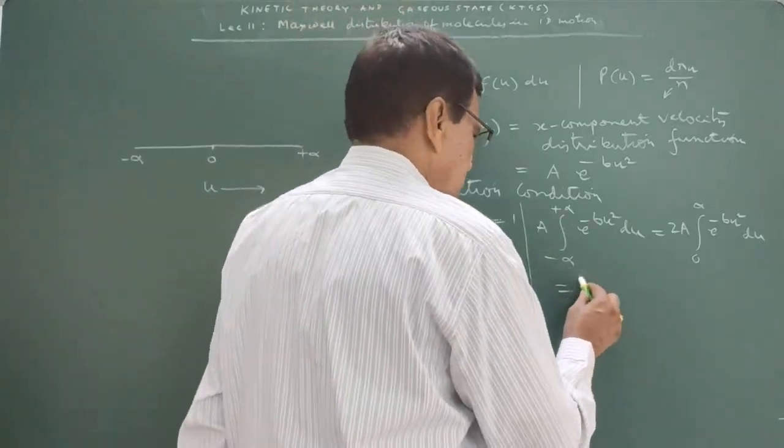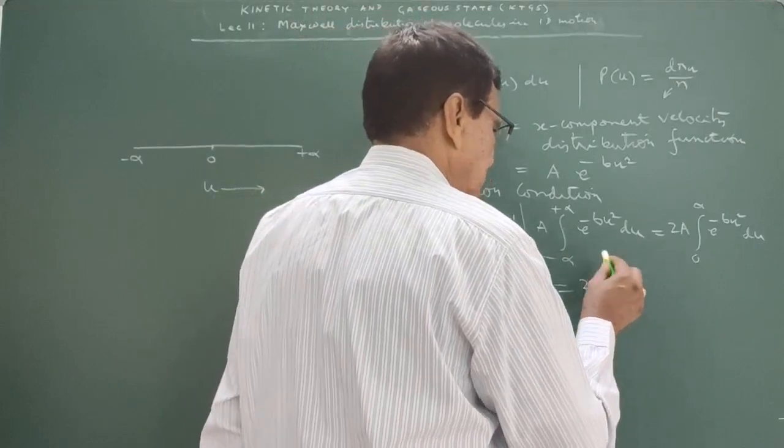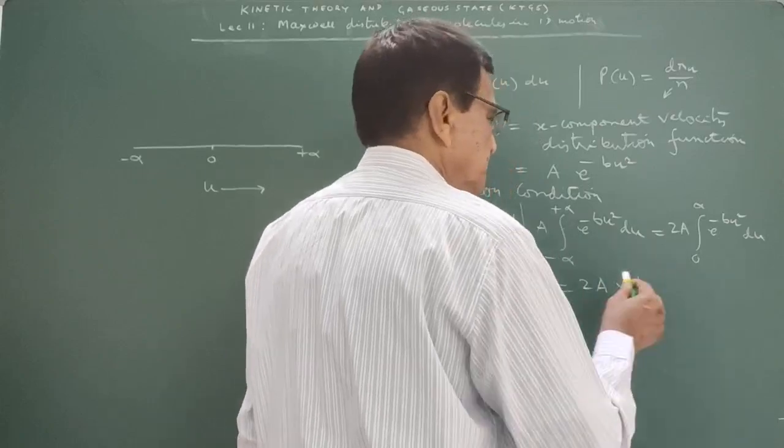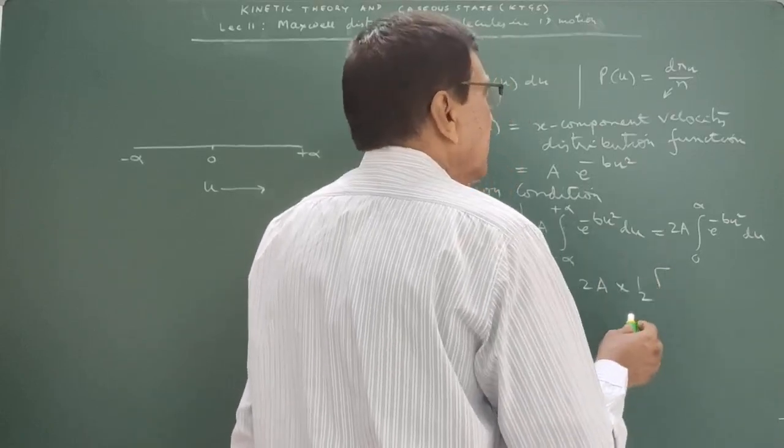So this is equal to twice A into half gamma.